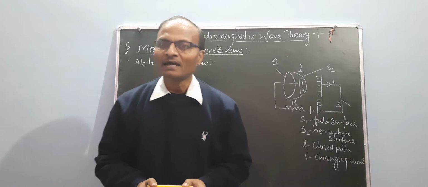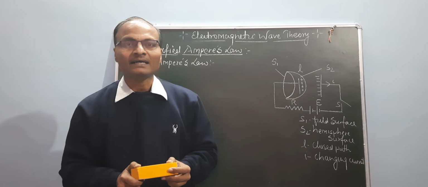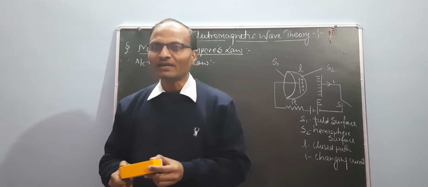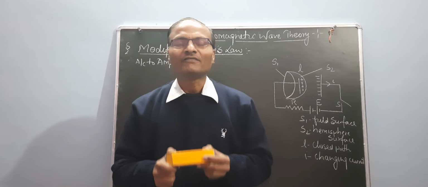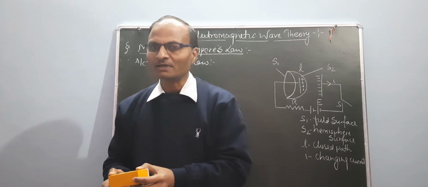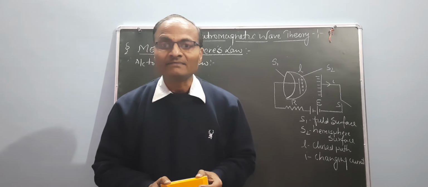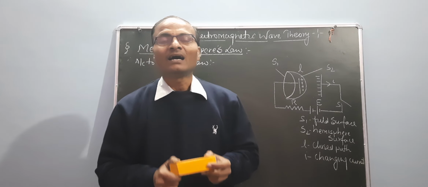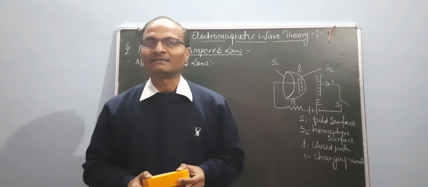It is only an apparent current, a virtual current, representing the rate at which flow of charge takes place from one plate to another plate. So displacement current is justified. The conduction current and displacement current are equal, so IC equals ID.